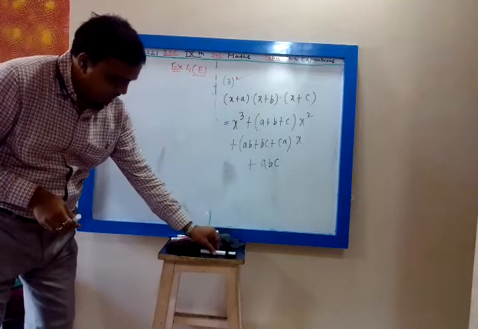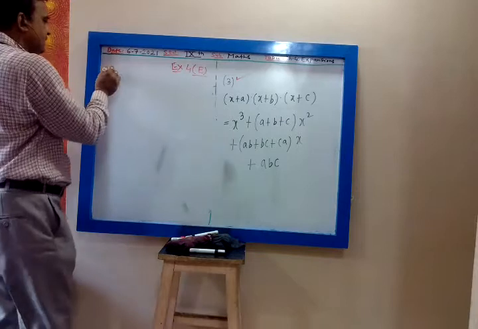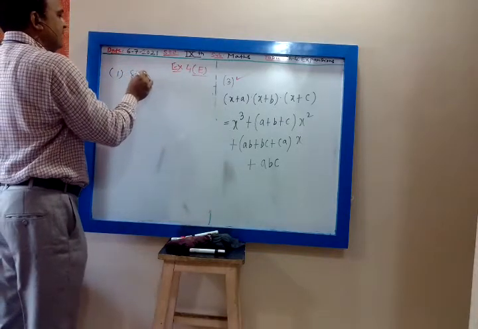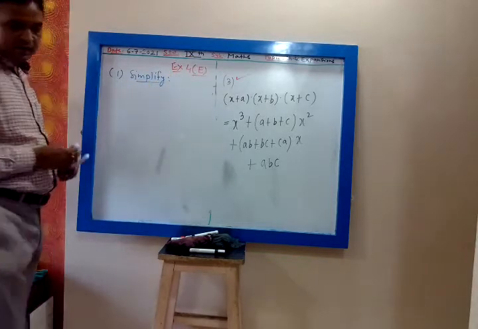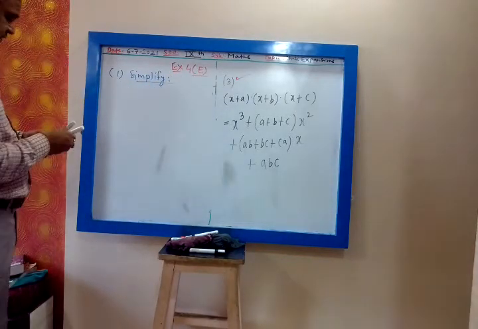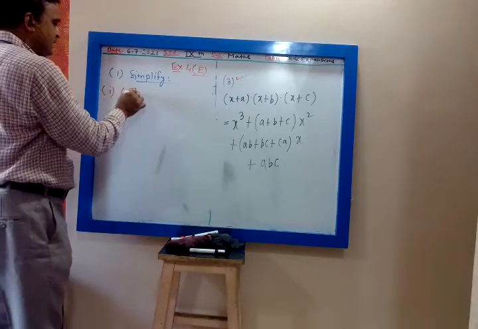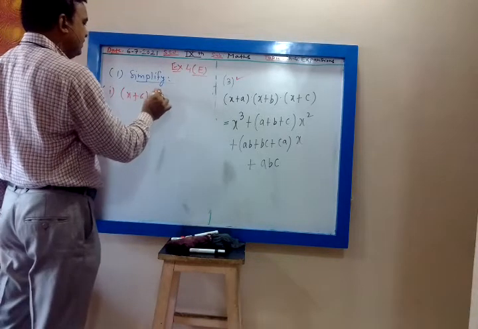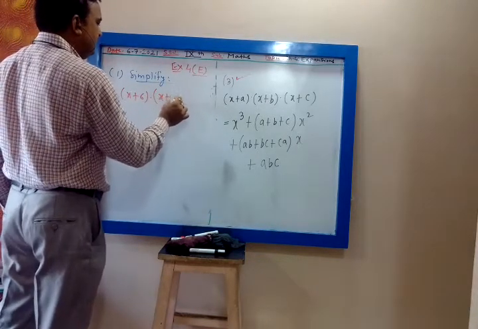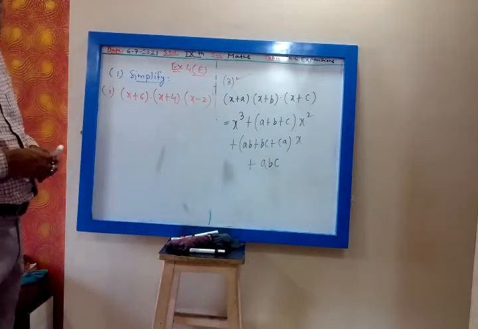Now it is 4e. Simplify first: (x plus 6) into (x plus 4) into (x minus 2).